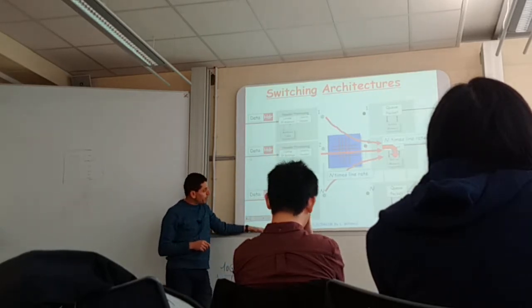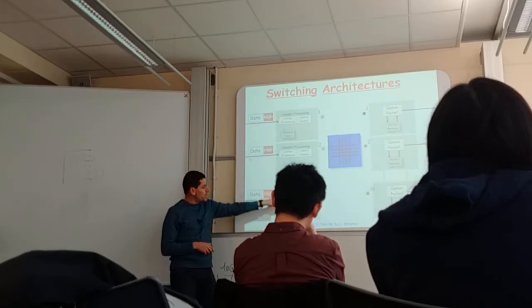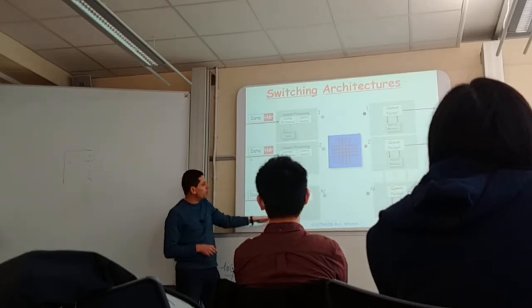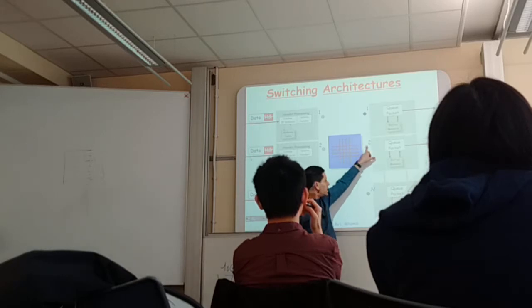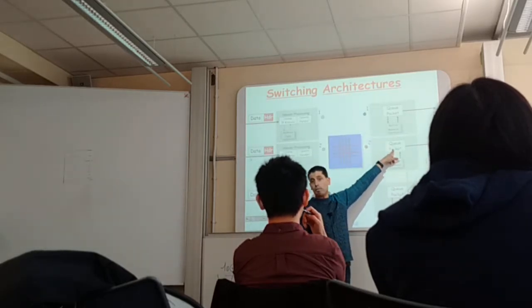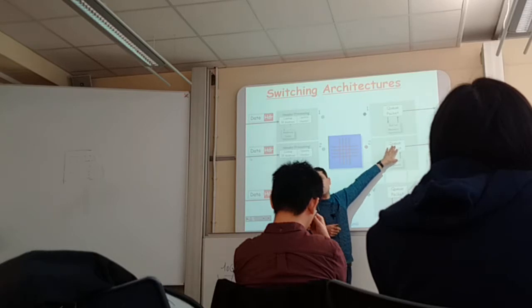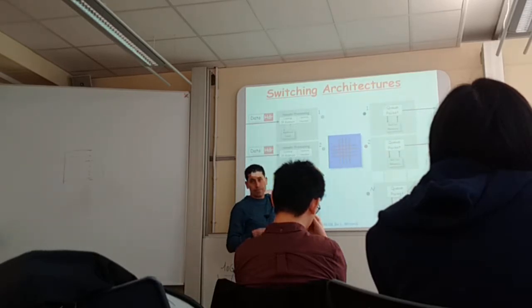Because there is no buffering here, when these packets come, they get looked up, and this operation is the same for each one of them, so it gets finished at the same time. So these packets will be crossing this part at exactly the same moment, and they will be written here at exactly the same moment. Okay? So you should have enough bandwidth in this memory to absorb them at the speed they come in. Is it clear?